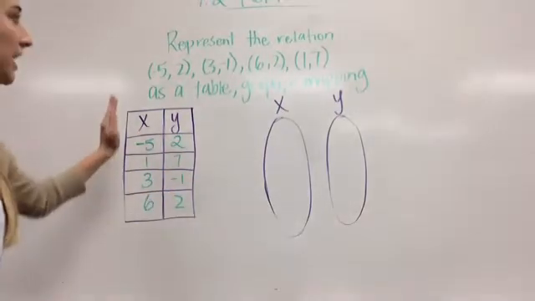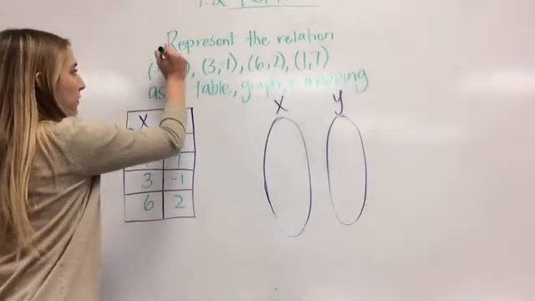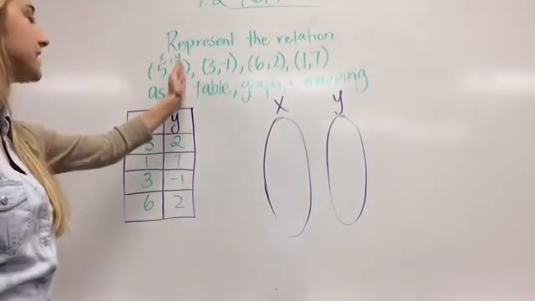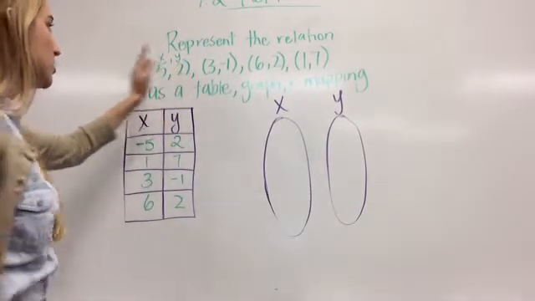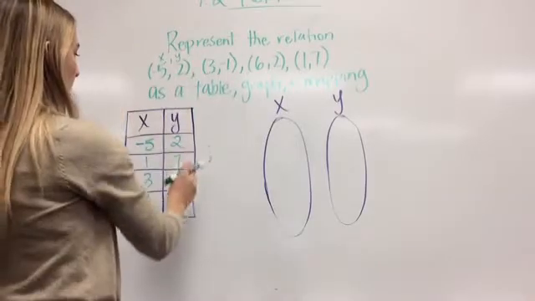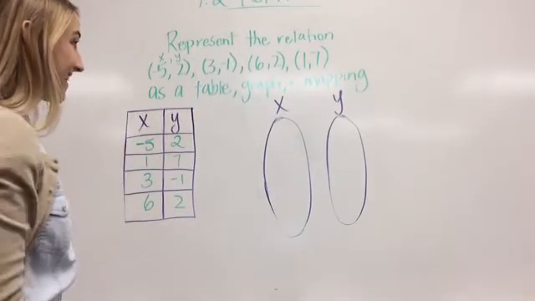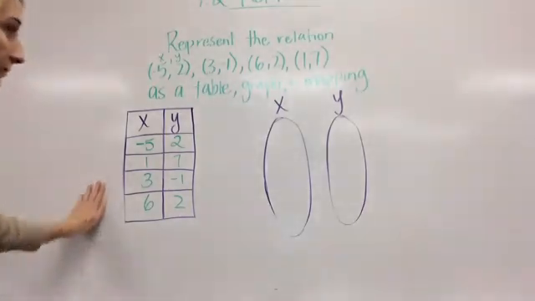So all I did here is I separated, remember the first number in an ordered pair is your x value, and the second number in an ordered pair is your y. So I just split each ordered pair into an x column and a y column. And that's it. So that's your table.